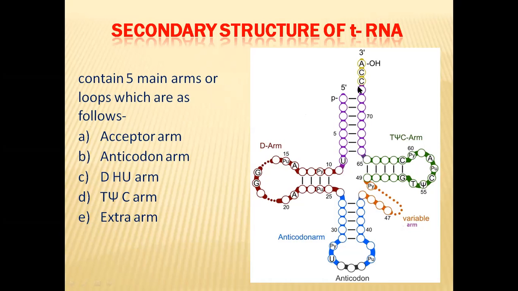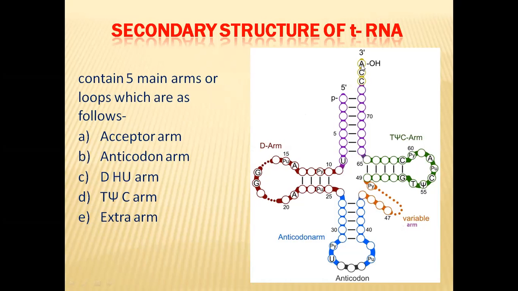Like any other nucleic acid, it also has a 3' end and a 5' end. The 3' end will have a CCA ending. So the 3' end will end with three particular nucleotides: C, C, and A. Cytosine, cytosine, and adenine will be there.